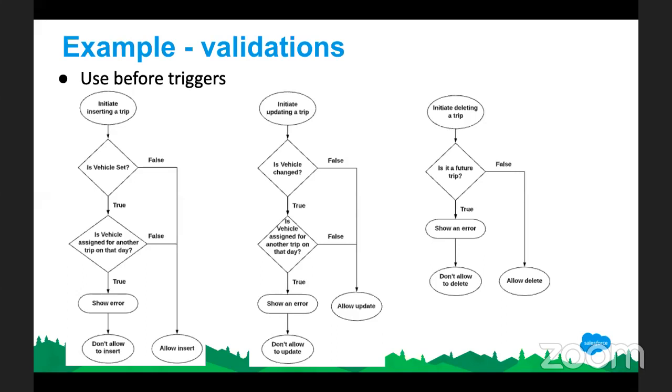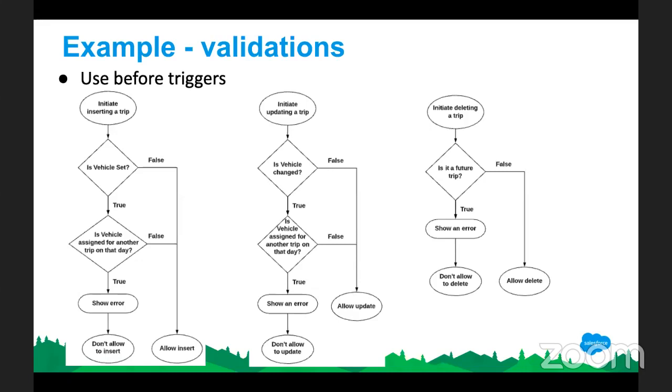That is a basic validation. So the vehicle should not get into any conflict of two dates. Another one is updating a trip. Same thing. You are changing the vehicle assigned for a trip, but what if the vehicle already has a trip on that same date? Again, we should not allow that to be saved.